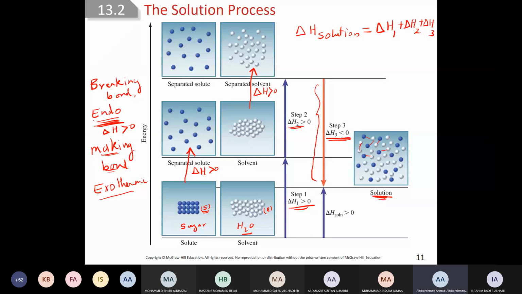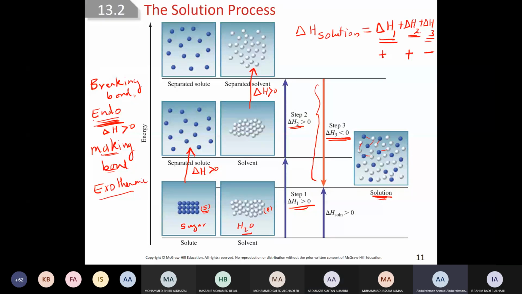When you make the solution, you are breaking and making. Delta H1 will always be positive, delta H2 will always be positive, and delta H3 will always be negative.